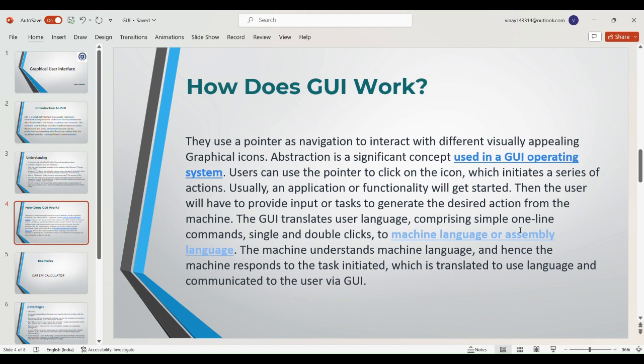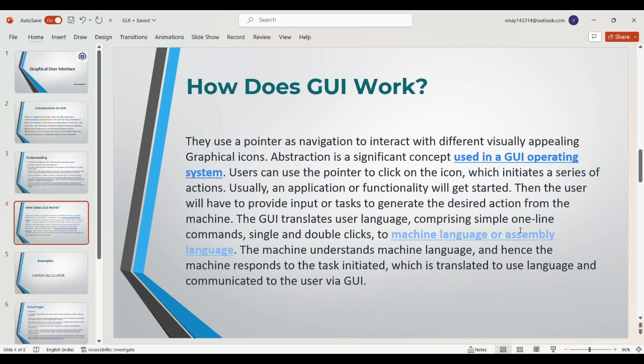Users can use the pointer to click on the icon, which initiates a series of actions. Usually, the application or functionality will get started. Then the user will have to provide input or a task to generate the desired actions from the machine.